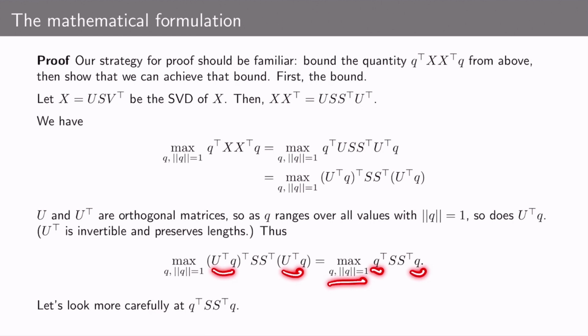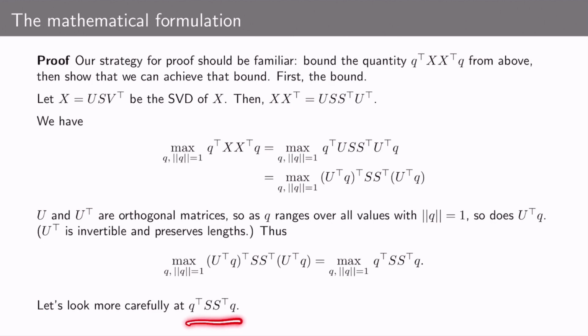I would get the same result, since as Q ranges over all vectors of norm 1, so does U transpose Q. We've progressed from having to maximize this guy with an X X transpose in the middle to maximizing this guy with an S S transpose in the middle. Now S has a simpler form, it's a diagonal matrix, so you can bet that this is going to be an easier problem to solve.